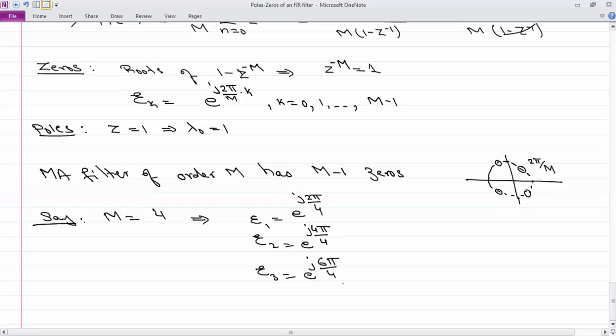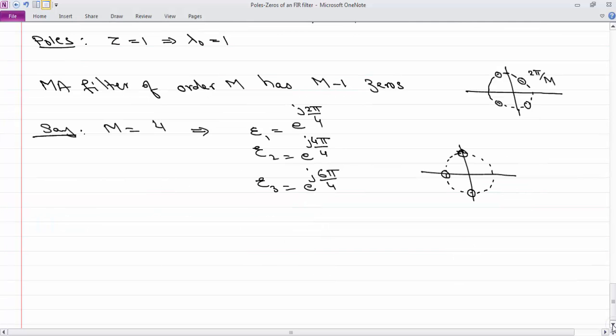Okay, these are the three zeros that you get for m equal to 4. And they are on the unit circle. The first zero is at pi by 2, the second zero is at pi, and the third zero is at 3 pi by 2, or minus pi by 2, whichever way you want to look at it. Okay, so this is the moving average filter.